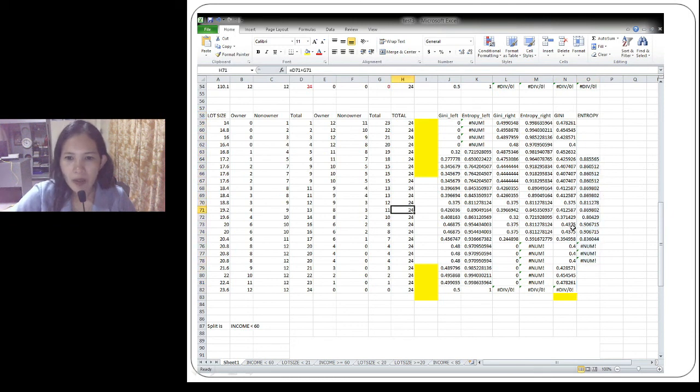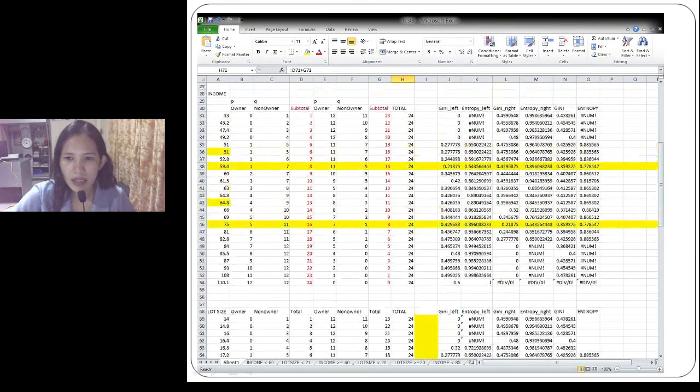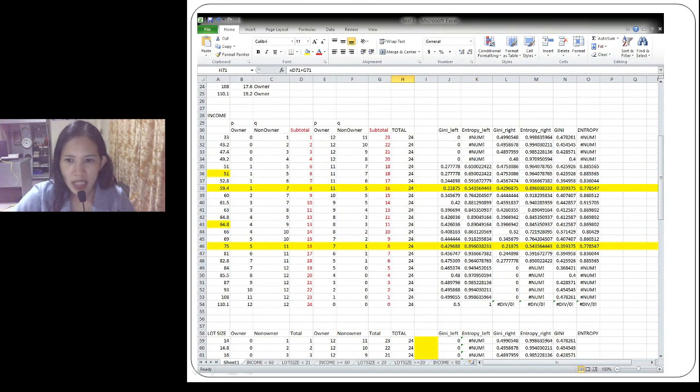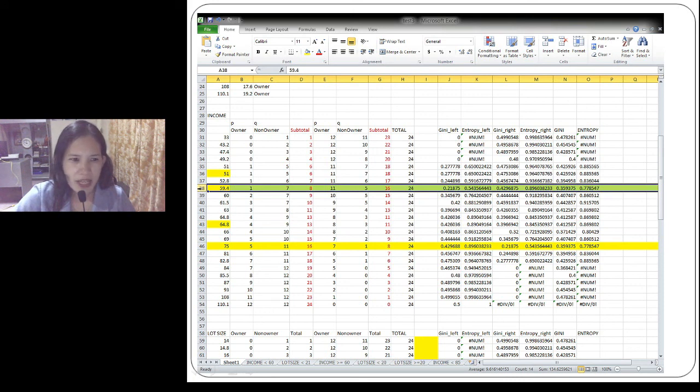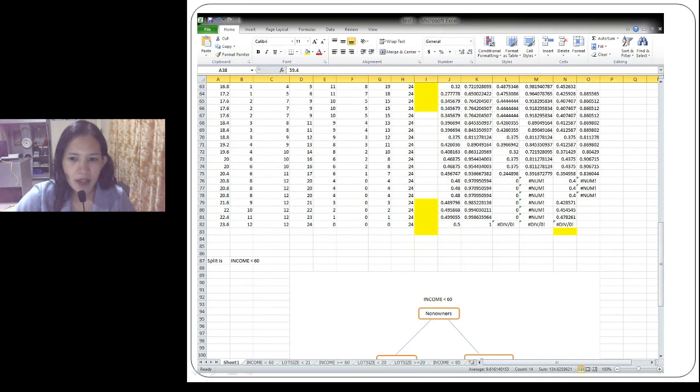So based on the values here, we can see that the least GINI is at this record. So this means that the first split will be on income.